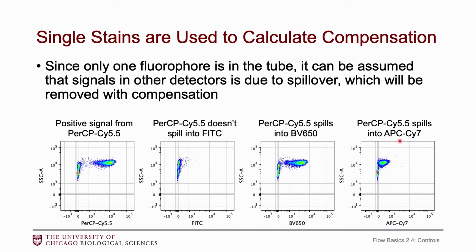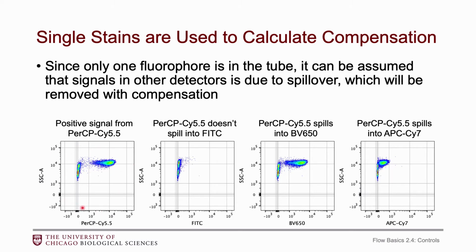So mostly you're going to be utilizing your single stain controls to calculate compensation. This is an example of what you might see on the instrument. If you set up all of these plots, you'll see where the spillover is on the instrument for every color. Here's an example where I've stained a tube with PerCP-Cy5.5. This is the detector that's assigned to that fluorophore.